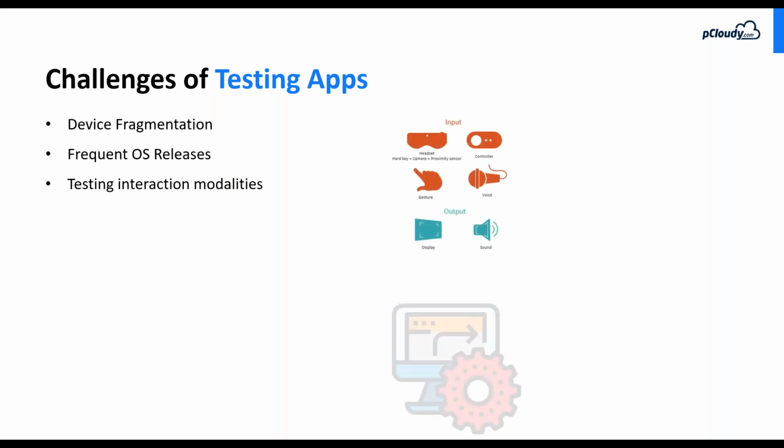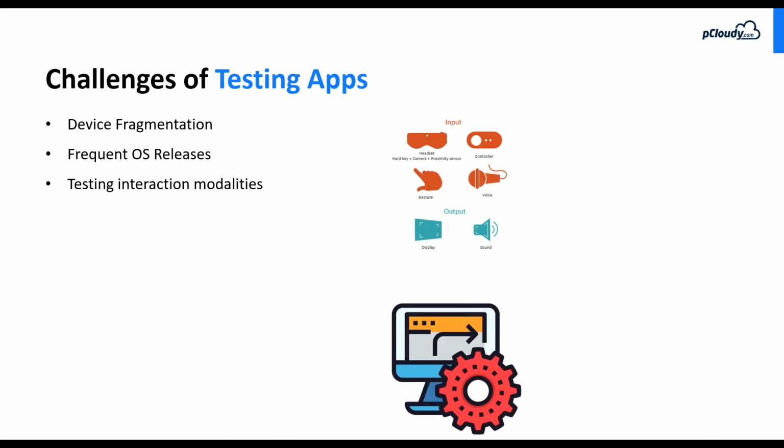Obviously, we have to test the interaction modalities. Earlier we had just one single phone, and we just had keys. Later the touchscreen came in, and now we have multiple things. We have different ways of getting the input and different ways of looking at the output. We are not just looking at the display, we also have sound, so display and sound are both used for output.